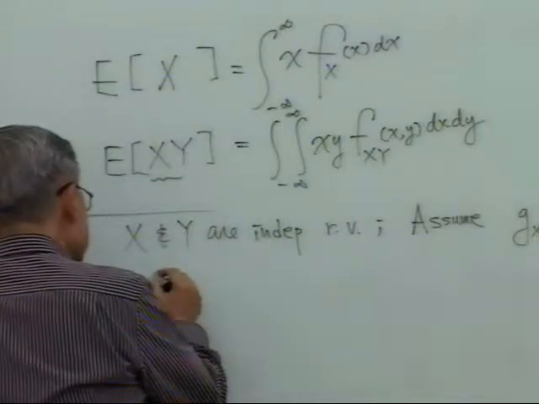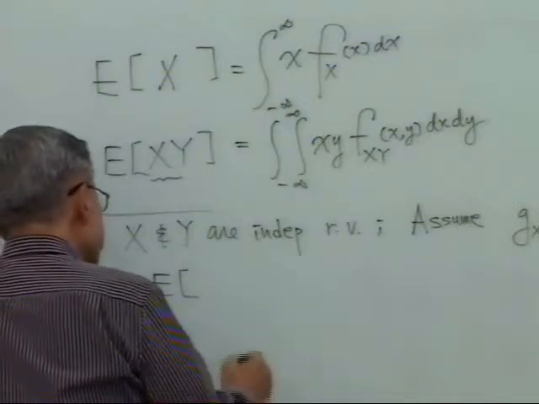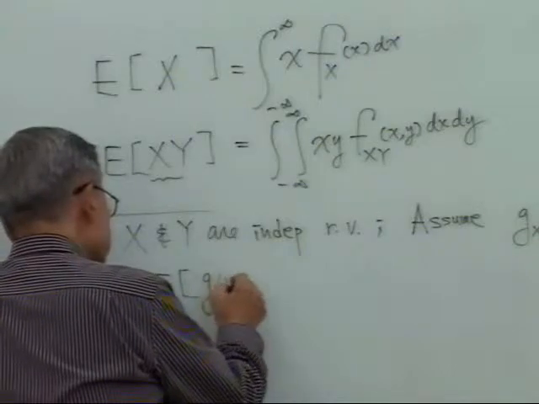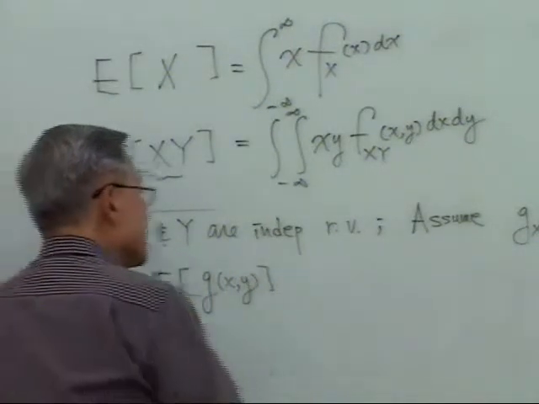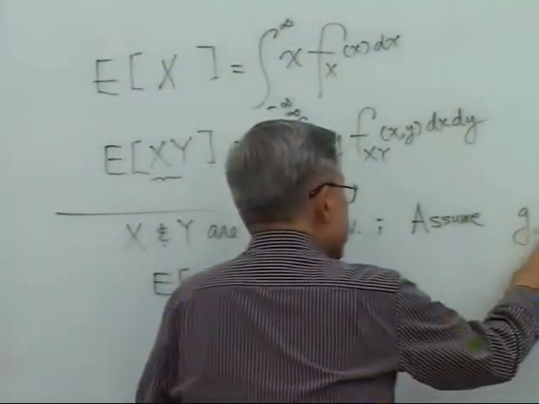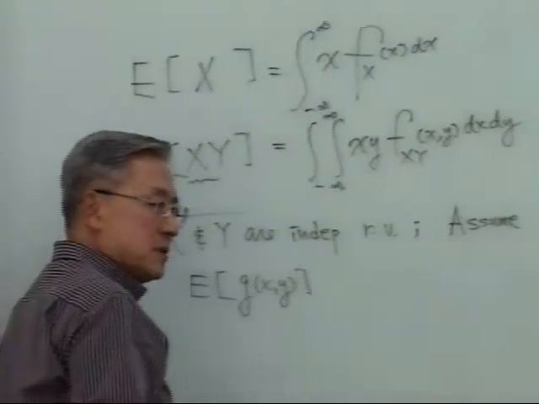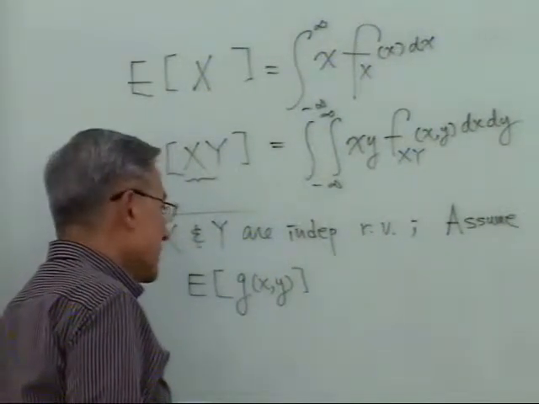If you do that, by definition, E of G is the double integral of g(x,y) f XY(x,y) dx dy. I don't have to say this, but it's a functional relation between x and y.